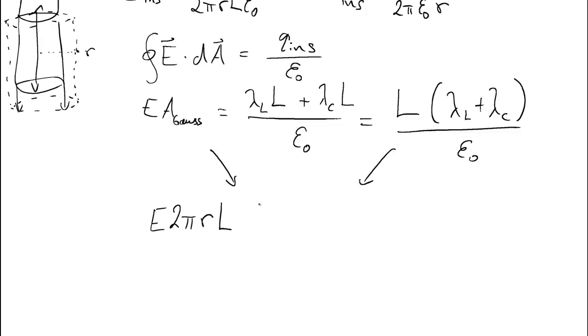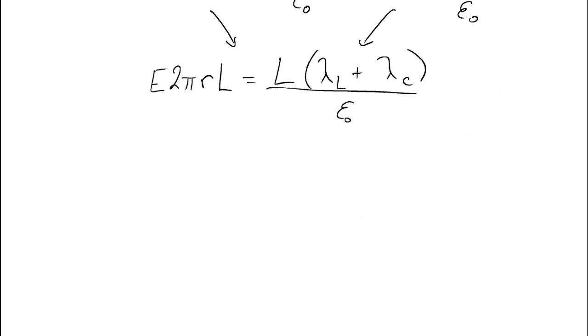And that is going to be equal to the length times lambda L plus lambda C, divided, of course, by epsilon 0.